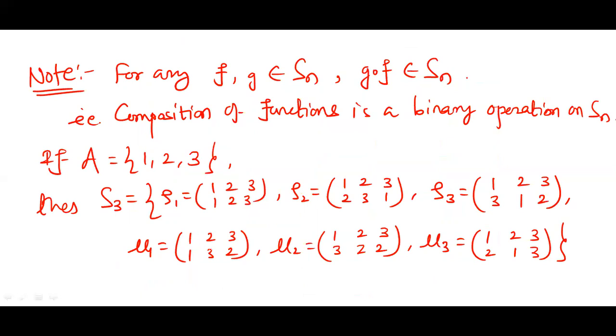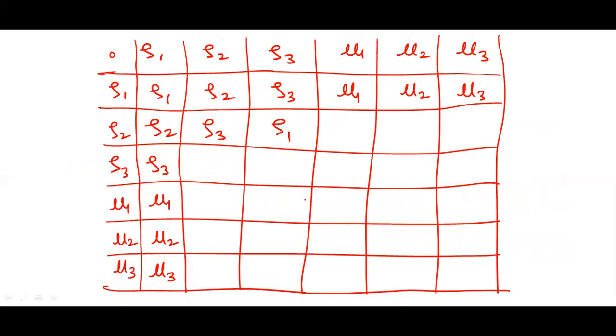In mu1, 2 maps to 3, and in rho 2, 3 maps to 1. So under the composition, 2 maps to 1. You can see that rho 2 composition mu1 is mu3.